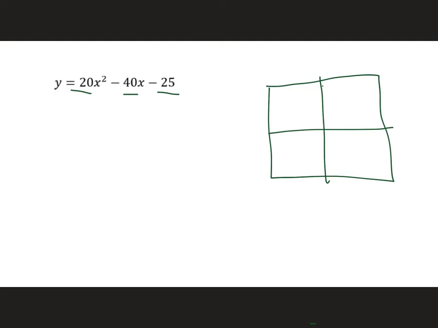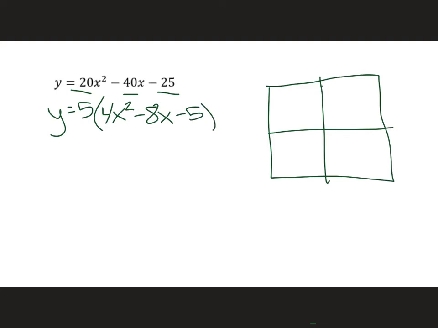That will make my numbers smaller. Could I use 20x squared and 25? Yes, I could. But that would be a very large number to have to factor out. So what I want to say is, well, they're all divisible by 5. So if I go ahead and factor out a 5, then I could rewrite this as 4x squared minus 8x minus 5. And that seems like much more reasonable numbers for me to have to deal with.